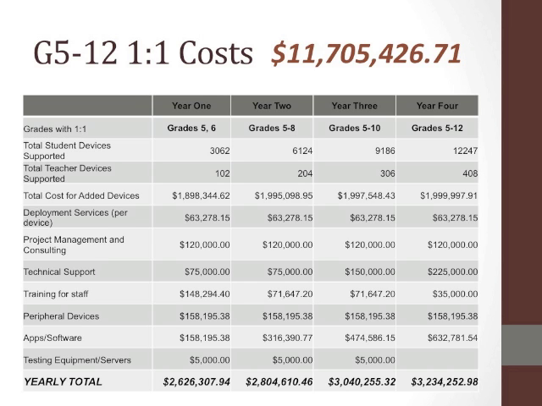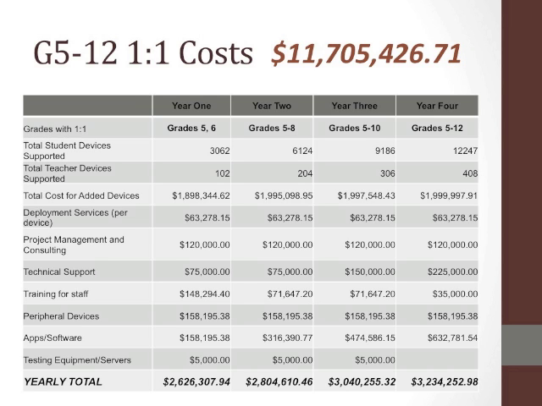Year 2, we add grades 7 and 8. So we'd be buying devices essentially for grades 5 and 8. In year 3, we'd support devices in grades 5 to 10, and then in year 4, grades 5 through 12. So you're essentially adding 2 grade levels worth of devices each year, along with the number of teacher devices that would be needed to support that implementation.